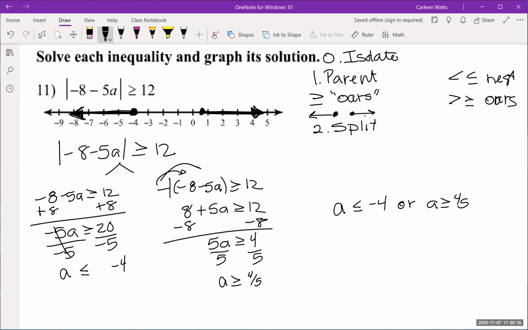So to do this, you can talk about the fact that greater than is a union. Some teachers will say this is the union, but I like to say less is nest, more is oar. Okay, but the videos will probably use the word union in there.